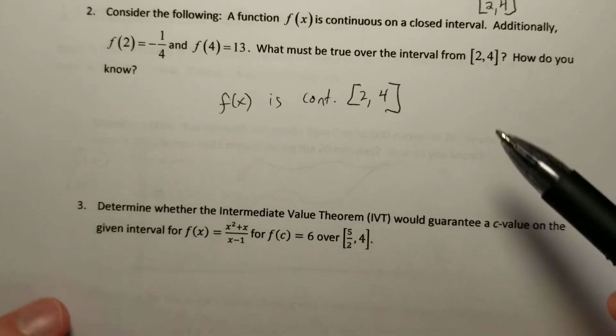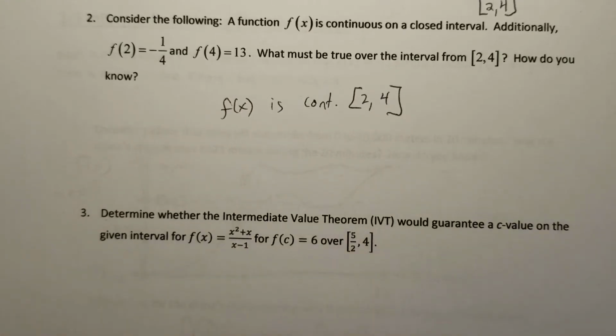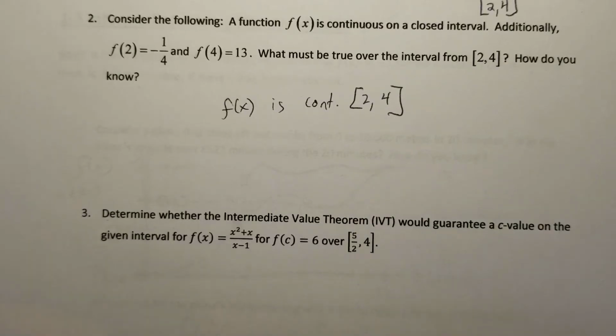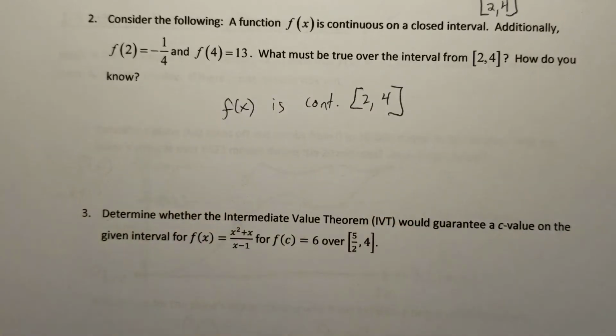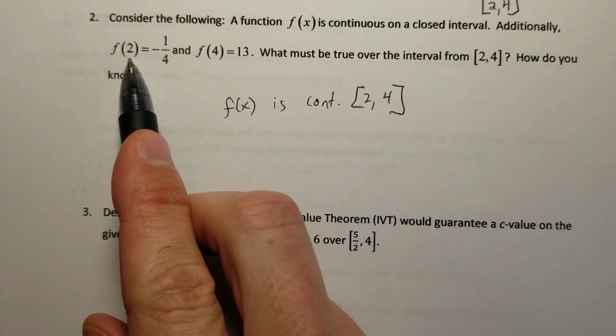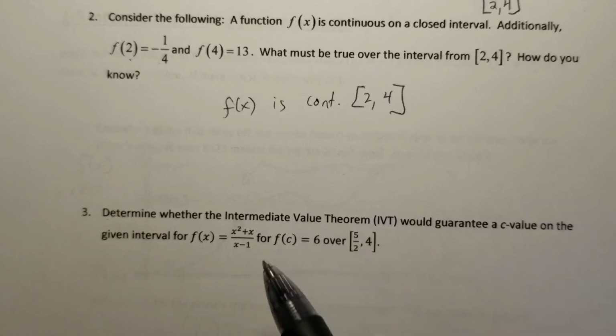Now, if you remember back to the previous problems, we also needed to show that the initial output and the ending output bracketed a value that we wanted to see. So the input of 2 gives us an output of negative 1/4.